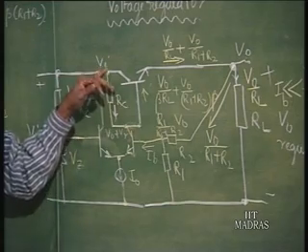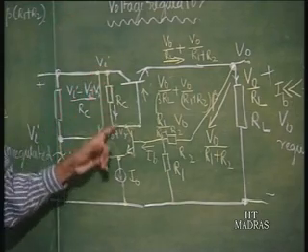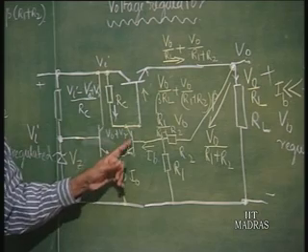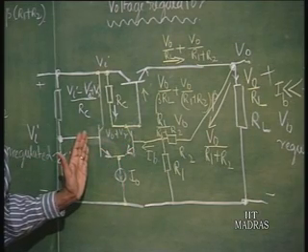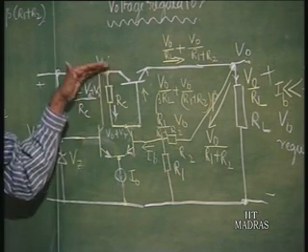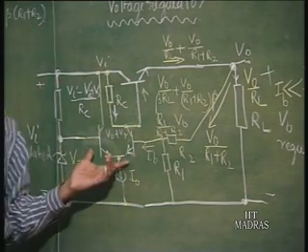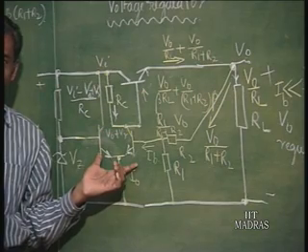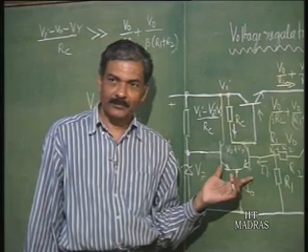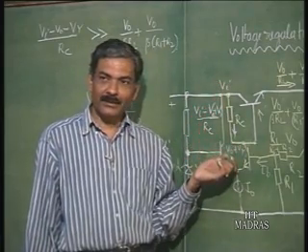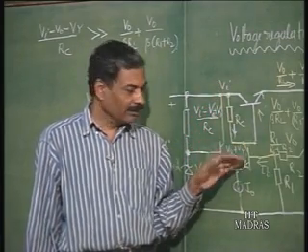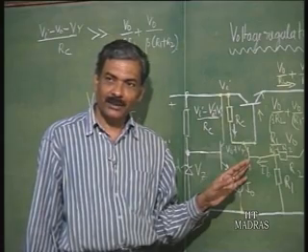So, as Vi keeps on increasing, this current will keep on increasing, and this current will keep on decreasing. So, for a certain limiting value of Vi, this transistor will stop, the differential amplifier will stop functioning, because it will reach the limit of its current switching. Again, when Vi is kept on decreasing, this current will go to 0, that is the other limit.